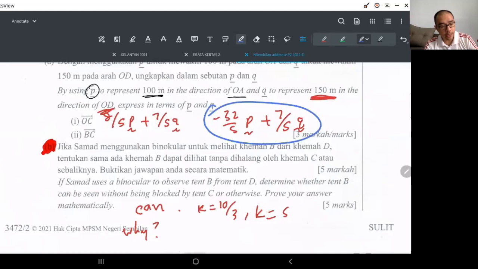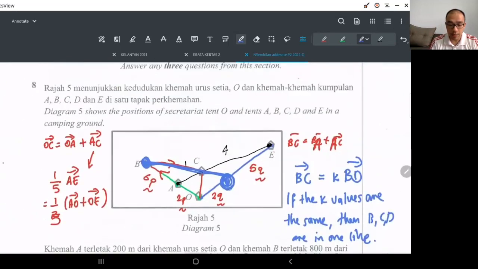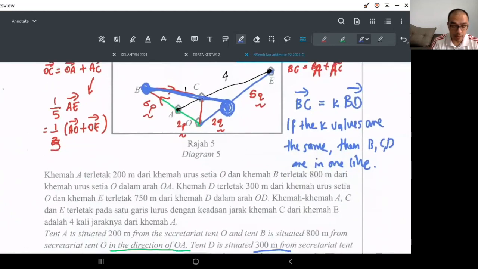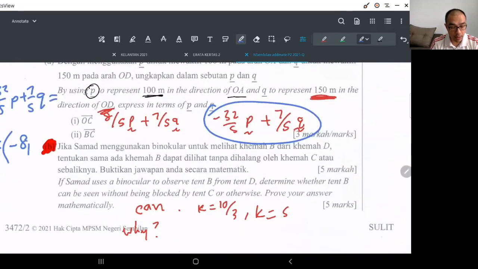So when we take this, BC is this: negative 32 over 5P plus 7 over 5Q equals K BD. BD is BO plus OD, which is negative 8P plus 2Q. Now we compare the vectors.